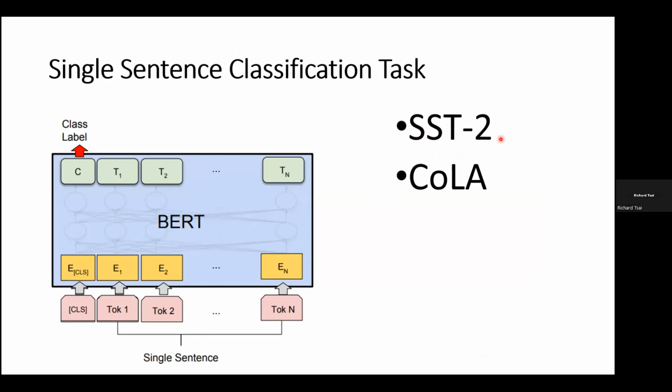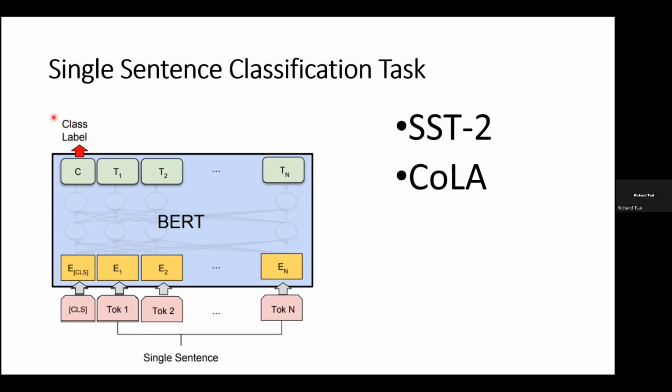This task involves classifying movie comments into one of three sentiment categories: positive, neutral, or negative. BERT takes a single sentence as its input and makes predictions about its sentiment.